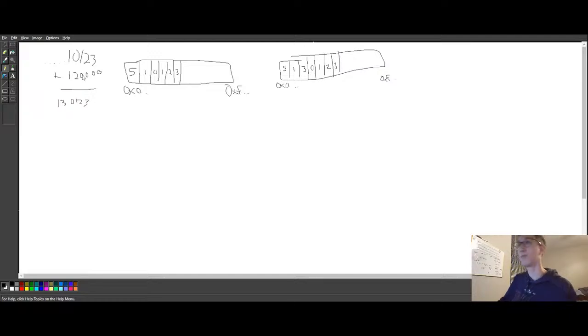Anyway, point is, check this out. From here to here, what did I have to do? I had to add this arbitrary large number. So in memory, let's note this as 1, 2, 3, 4, 5. If you notice, in our new system, I had to shift all of these numbers compared to here.